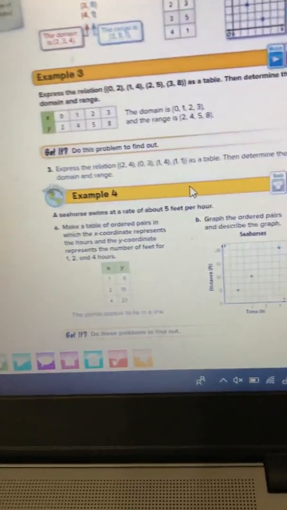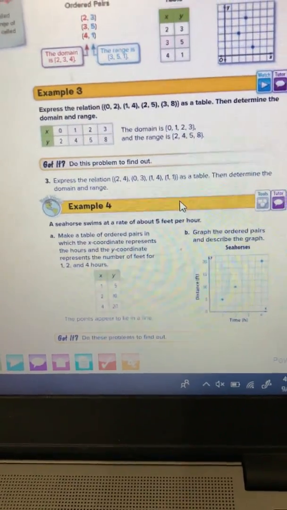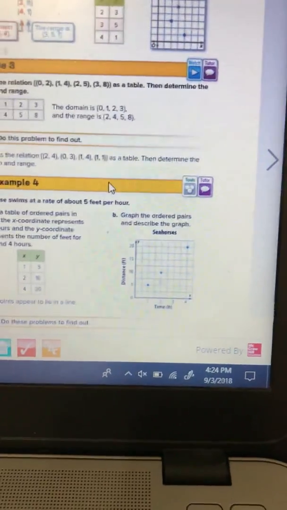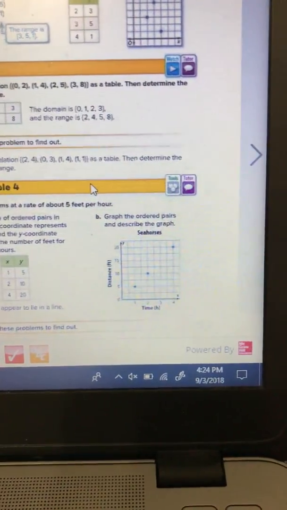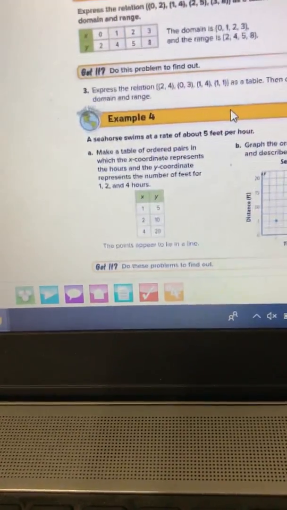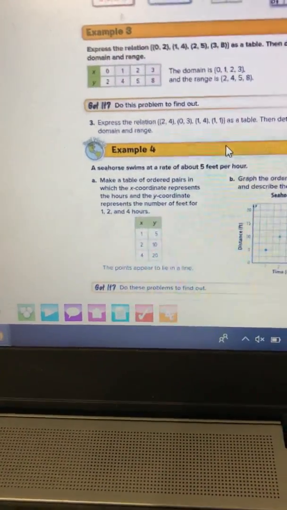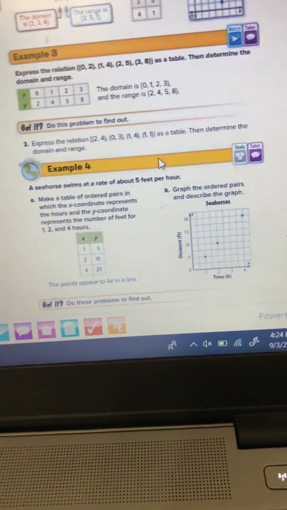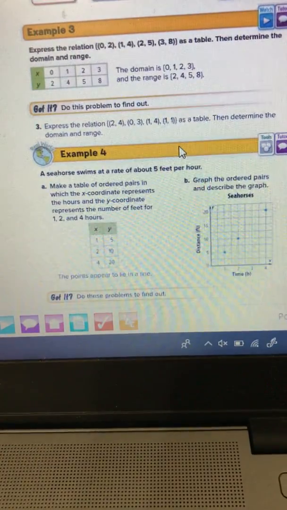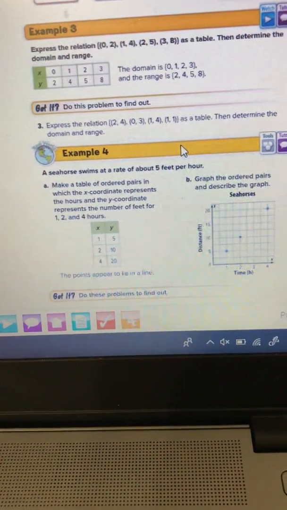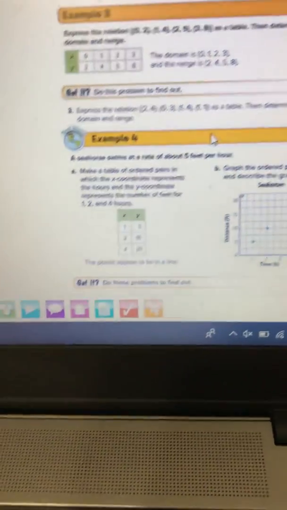So, in example 4, it says that a seahorse swims at a rate of about 5 feet per hour. So what we have to do is make a table of points to graph. So our x value is how many hours, our y is the 5 feet. So if we had 2 hours, we traveled 10 feet. 4 hours would be 20 feet.